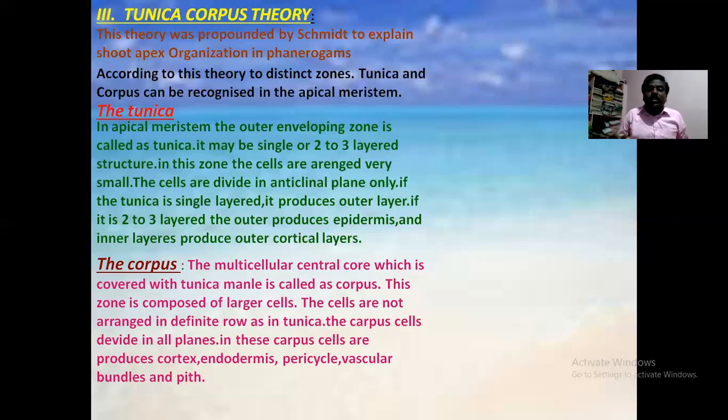This zone is composed of larger cells, which are not arranged in definite rows as in the tunica. The corpus cells divide in all planes and produce the cortex, endodermis, pericycle, vascular bundles, and pith.